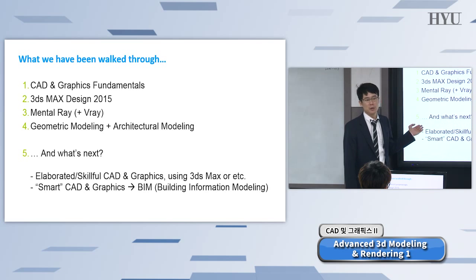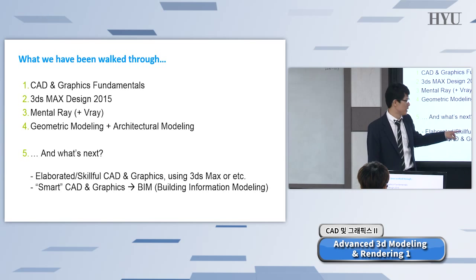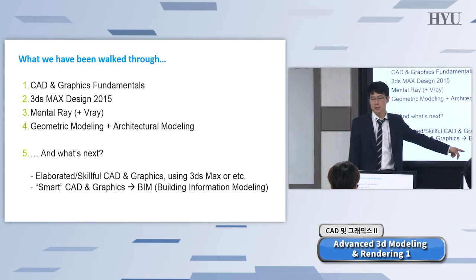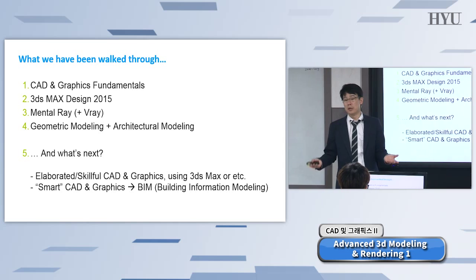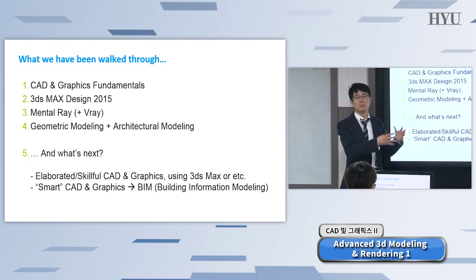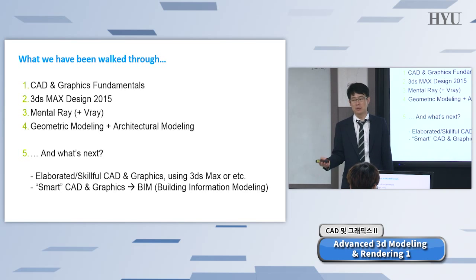But hopefully you may be interested in what's next, okay? Simply say something elaborated and very highly skillful CAD and graphics techniques. Simply say photorealistic rendering or some geometric modeling and easy, quick, efficient, and effective visualization technique.